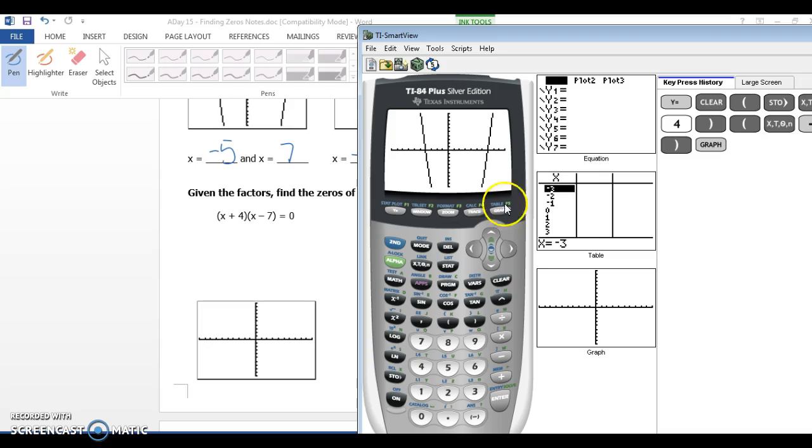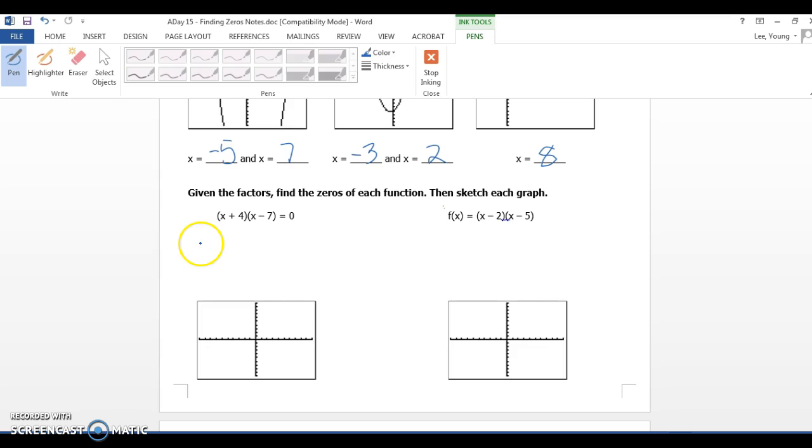What do you see? Once you put the factored form on your graphing calculator, do you see the zeros are negative 4, 1, 2, 3, 4, 5, 6, 7. So zeros are negative 4 and positive 7. So you can go ahead and write down negative 4 and positive 7. Those are the zeros.